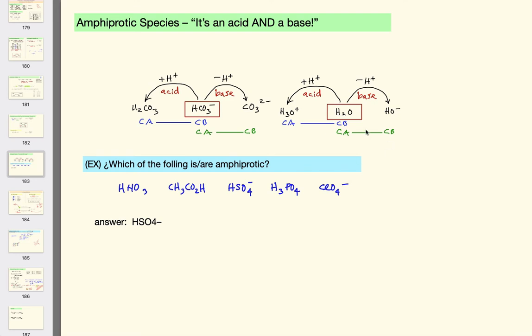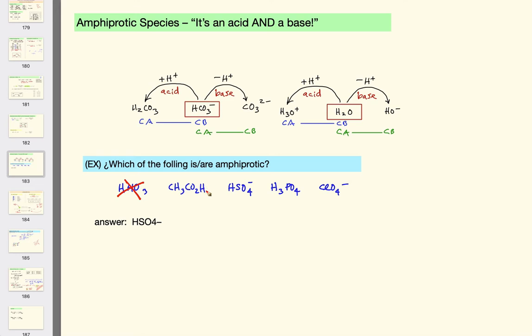So one of the questions that we covered was, which of the following could be amphiprotic materials? And the answer is, let's see, this one can't be because it can only donate, this is nitric acid. It can only donate a proton. It can't accept a proton. There is no such thing as H2NO3. This, right, acetic acid, it can't.